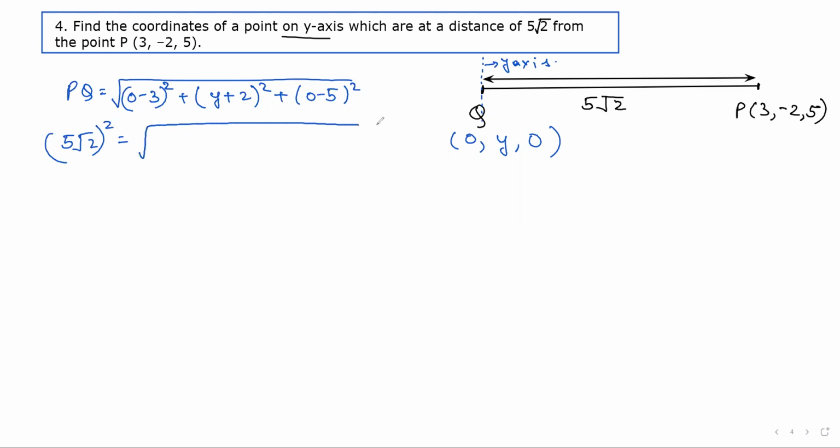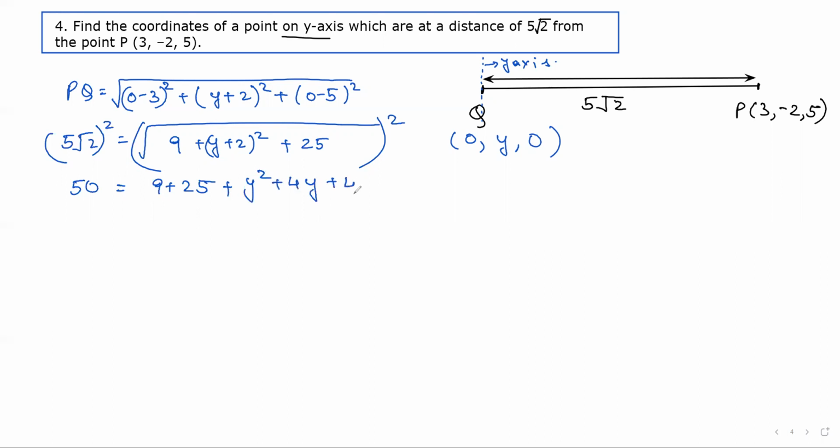This is 3 square, 9, plus (y plus 2) whole square, plus 5 square, 25. 5 root 2 squared is 25 into 2, 50. Root and square will nullify each other. You're left with 9 plus 25 plus, expanding this, y square plus 4y plus 4.